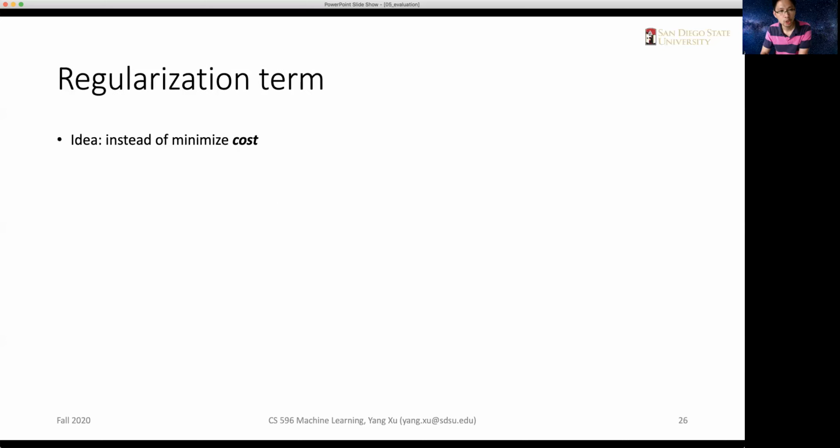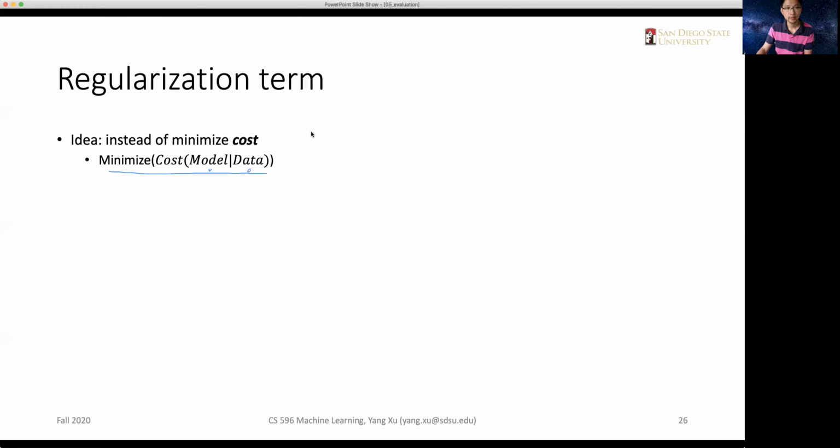Okay, so the idea is that we modify the goal of the training a little bit. In a typical gradient descent method, our goal is to minimize the cost function, right? We now change our goal from minimizing the cost function of the model given the data.